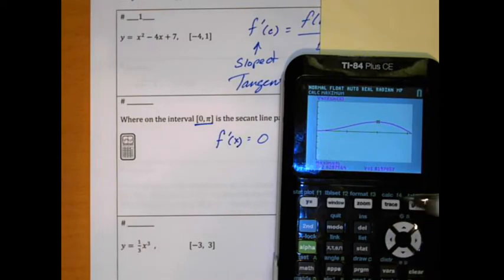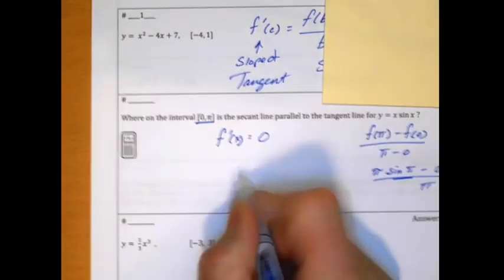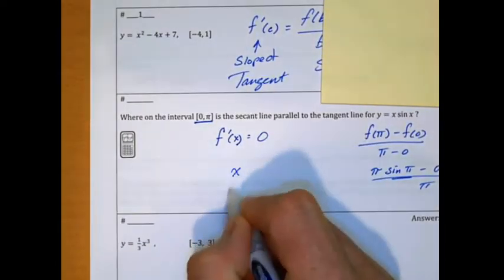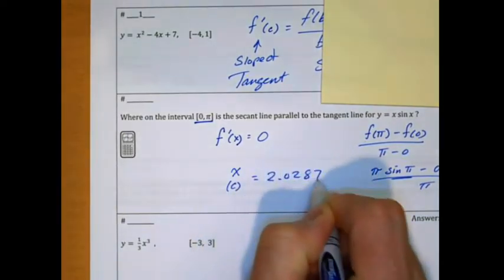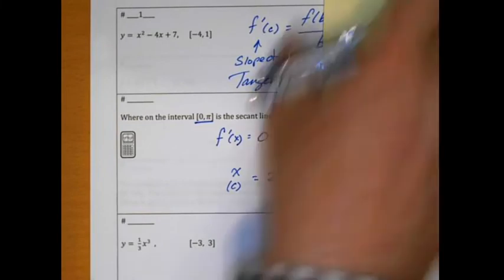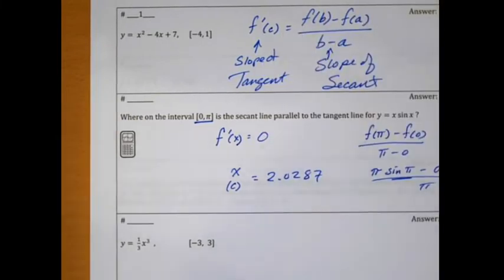If you can't see that very clearly, that says 2.0287. So that's the c value that will make the slope 0. So this is x, kind of like your c value, 2.0287, which will lead you, I do believe, to another problem.